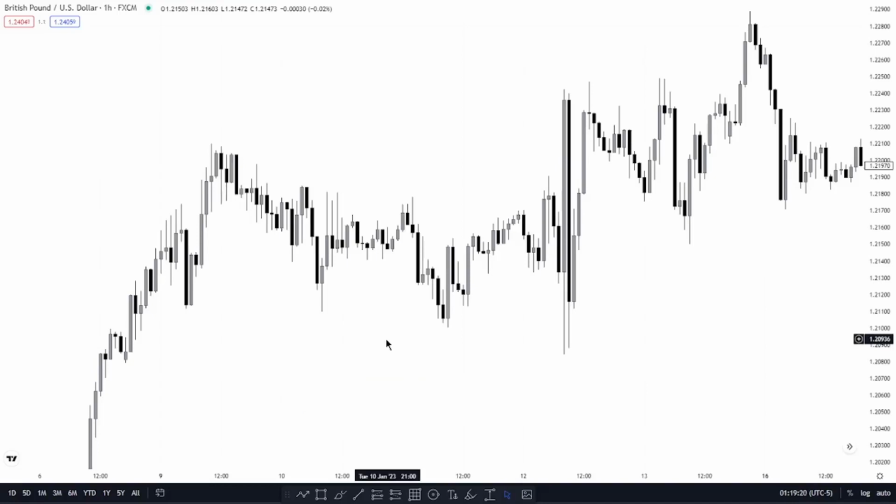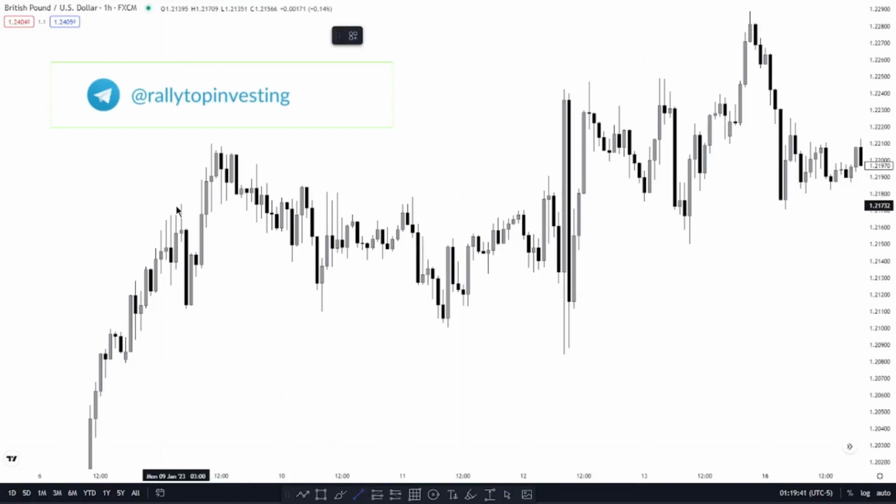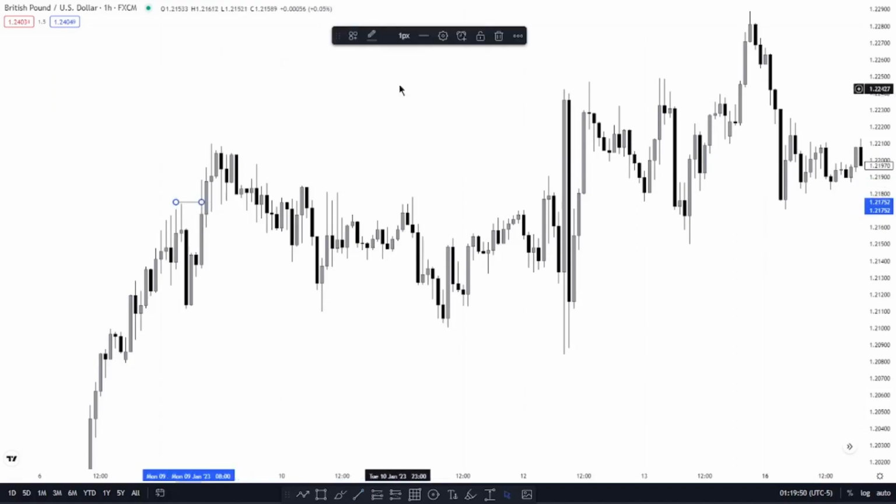But because the retail SMC traders believe that order block is the ultimate, I'm going to show you the order blocks that you should avoid in the market completely, and the ones that you can capitalize on and take your trades from. Okay, now the books tell you that after every break of structure like this, as far as the retail mindset is concerned, this is a break of structure here.